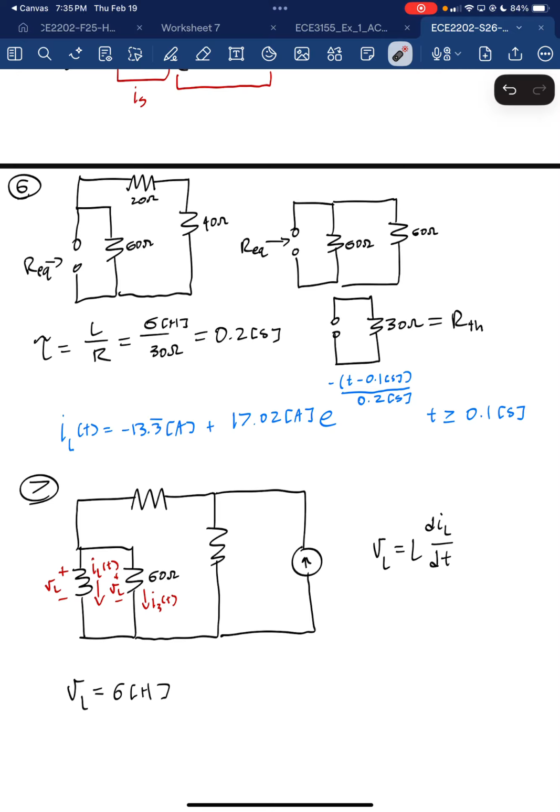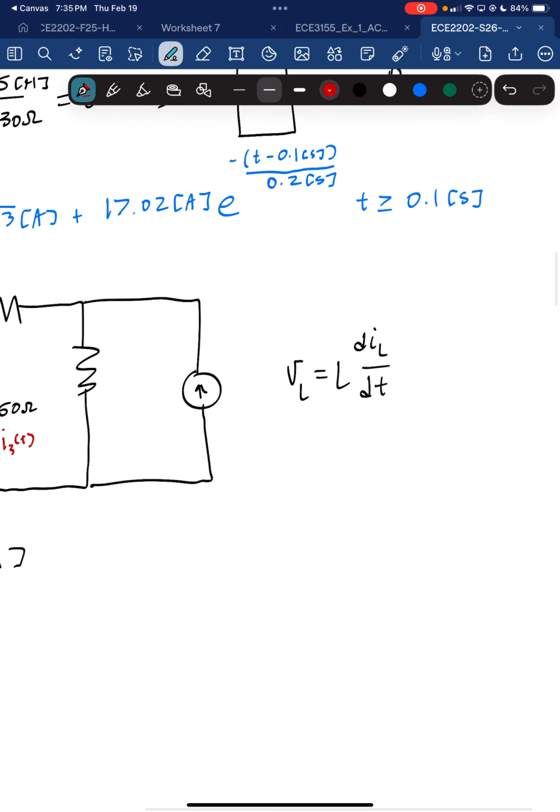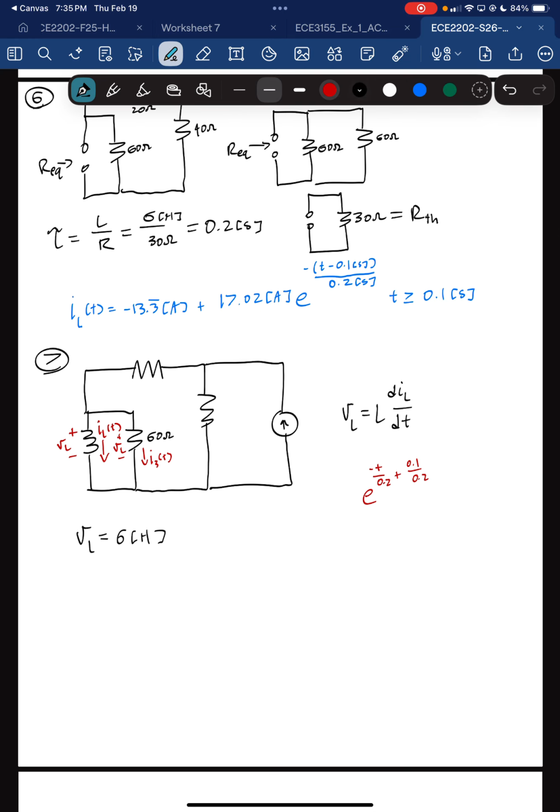And you can break this fraction up, this is how I think about it, into e to the negative t over 0.2 plus 0.1 over 0.2. I'm just breaking up that fraction there.